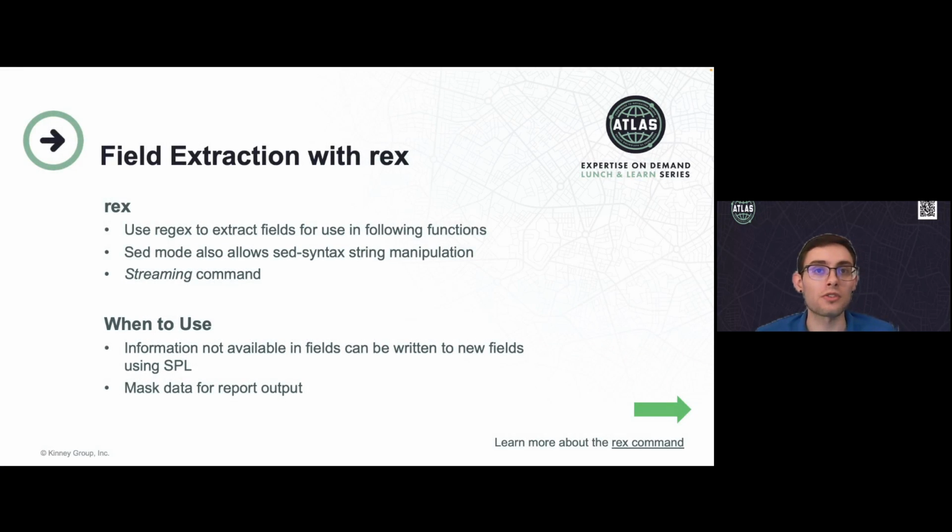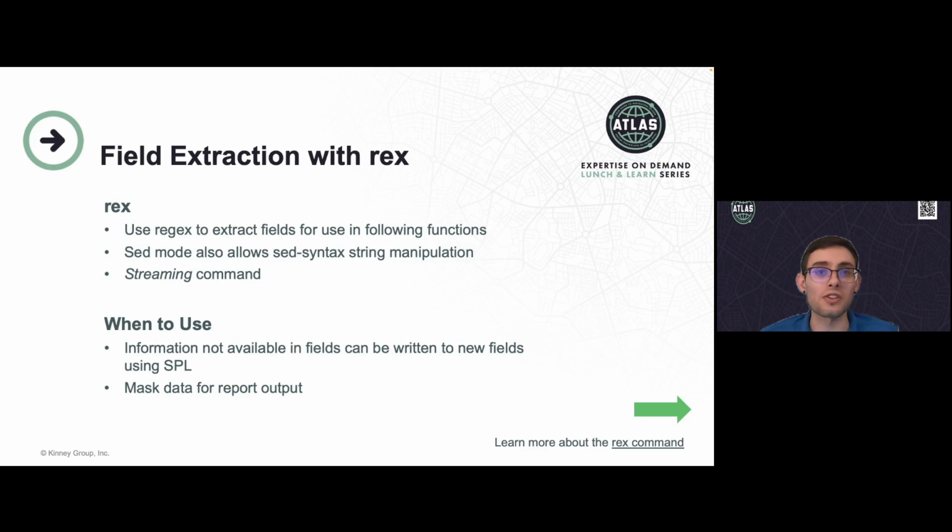So the first command I'm going to focus on is the rex command. So rex is a streaming command that you often see applied to data sets that do not fully have data extracted in the format that you want to be using in your reporting or in your logic.